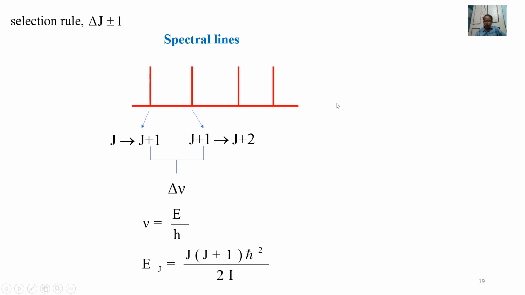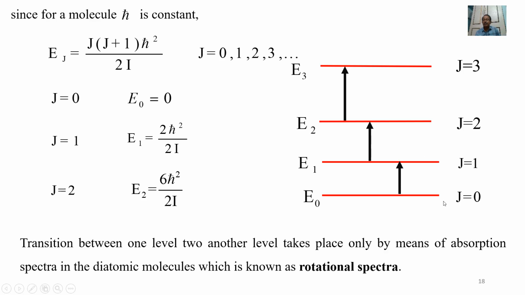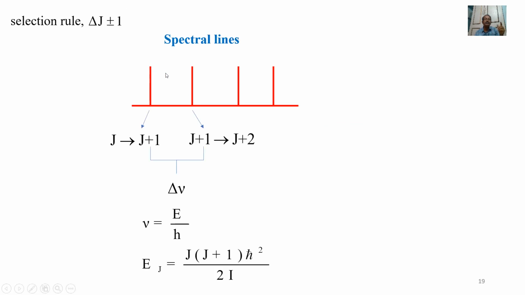So here absorption takes place one step up or one step down. Suppose it is one step up, it absorbs from one level to another level. Suppose it comes from up to down, one step down, that means it has to emit some radiation. At that time we will have delta J equals minus 1. So plus 1 stands for absorption, minus 1 stands for emission.